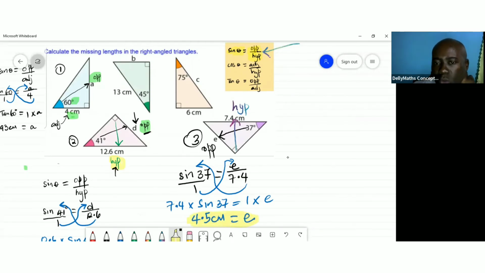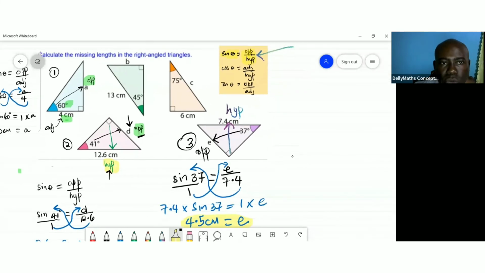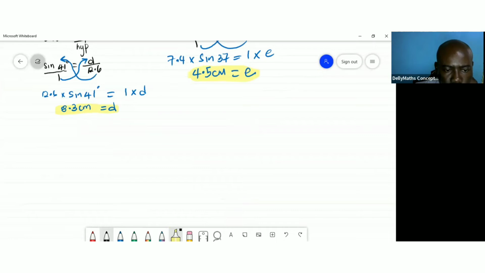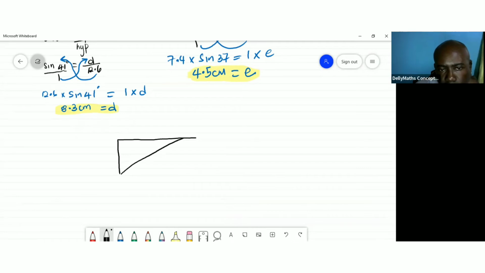All right, let's do just one more. So let us say we have a right angle triangle down here like this. And we have an angle here which is 50 degrees.